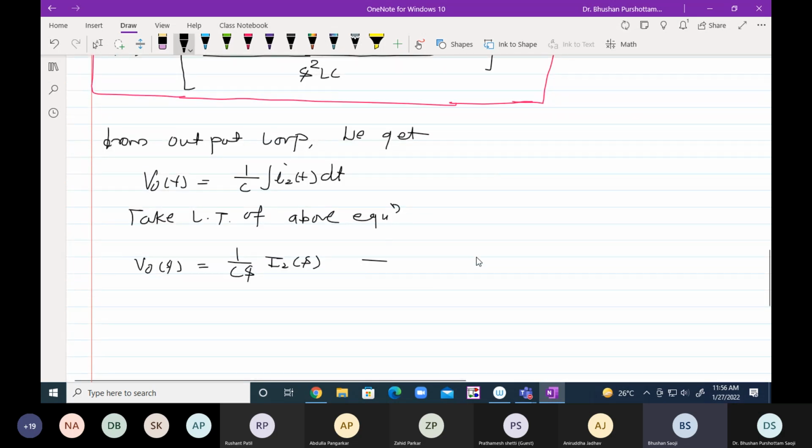It will be helpful for you to prepare this slide, equation D, very, very important.